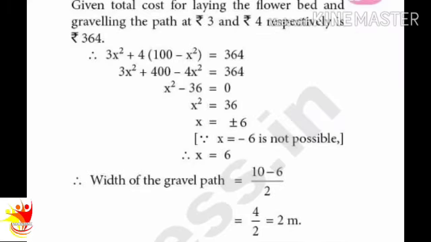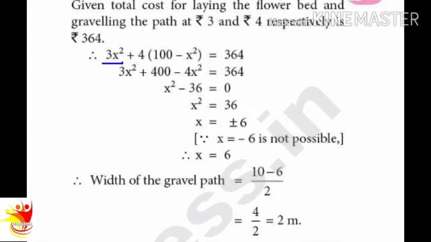Given the total cost for laying the flower bed and graveling the path at rupees 3 and 4 respectively is rupees 364. Therefore, total cost means adding both area and amount. The first one is x squared, so 3 into x squared, since the flower bed area is x squared and the cost is 3.